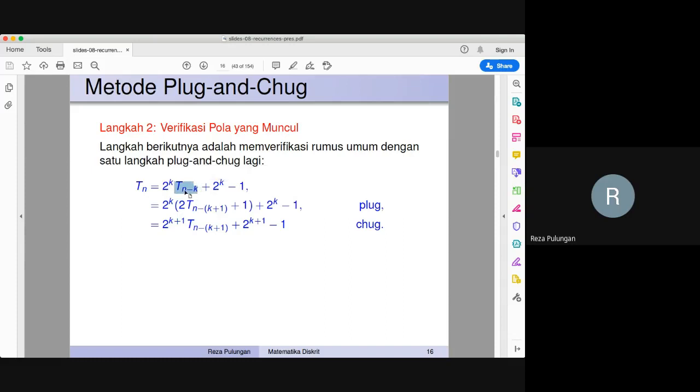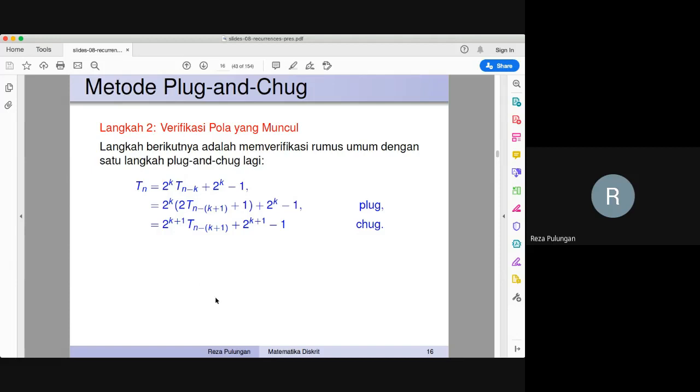Well, this is easy. Tn minus k will be equal to 2 times Tn minus k plus 1, plus 1. Because the original, we return back again.